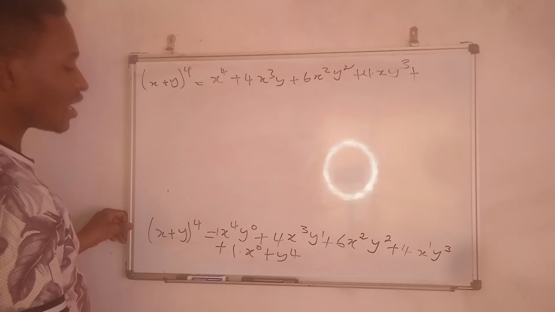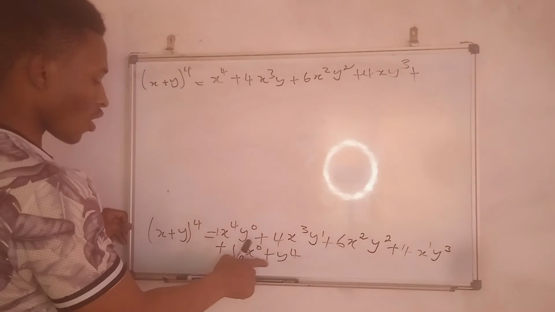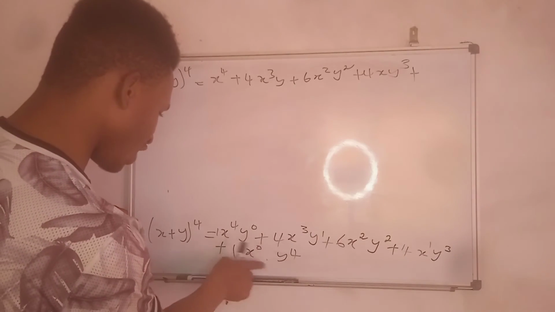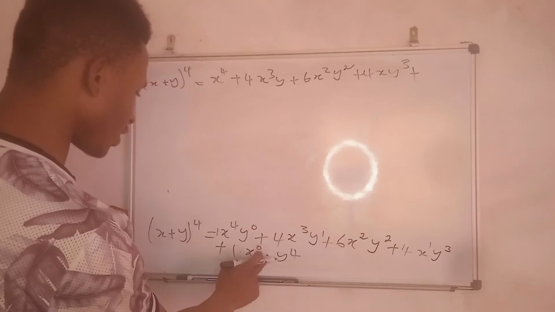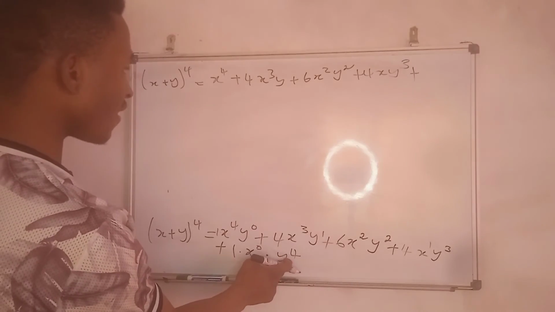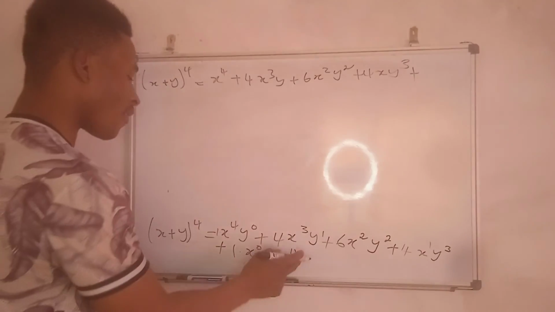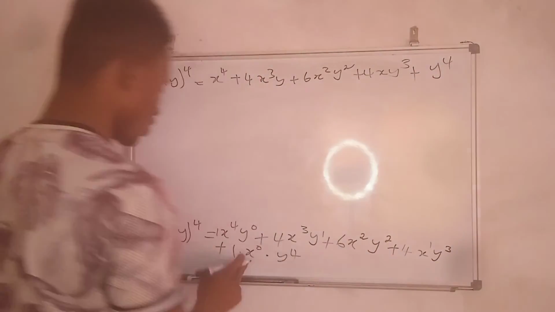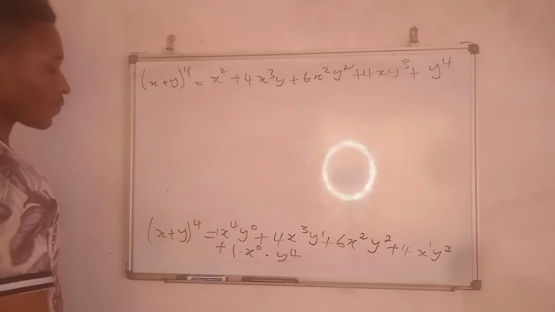Anything raised to the power 0 will just be 1. Sorry, this was multiplication here. So I'm going to have y raised to the power 4, because my x automatically will turn to 0.